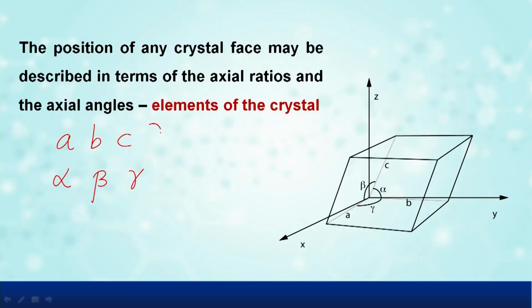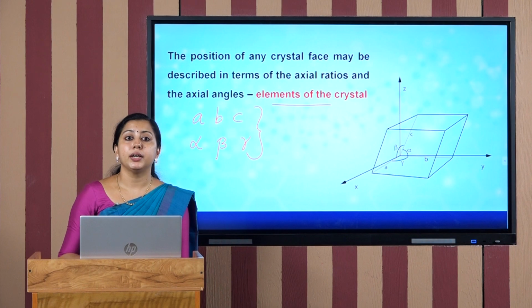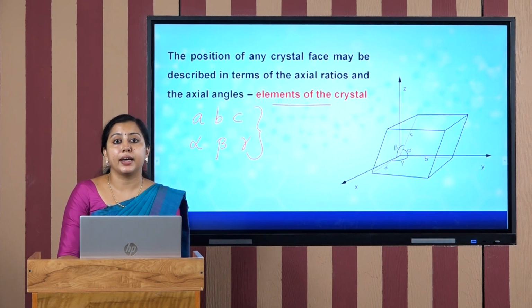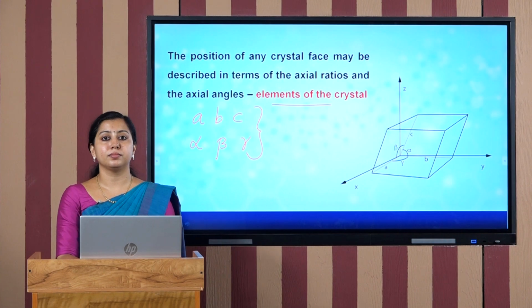These two together are known as the elements of the crystal. So, the elements of a crystal are described in terms of the axial ratios, that is A is to B is to C, and the axial angles.